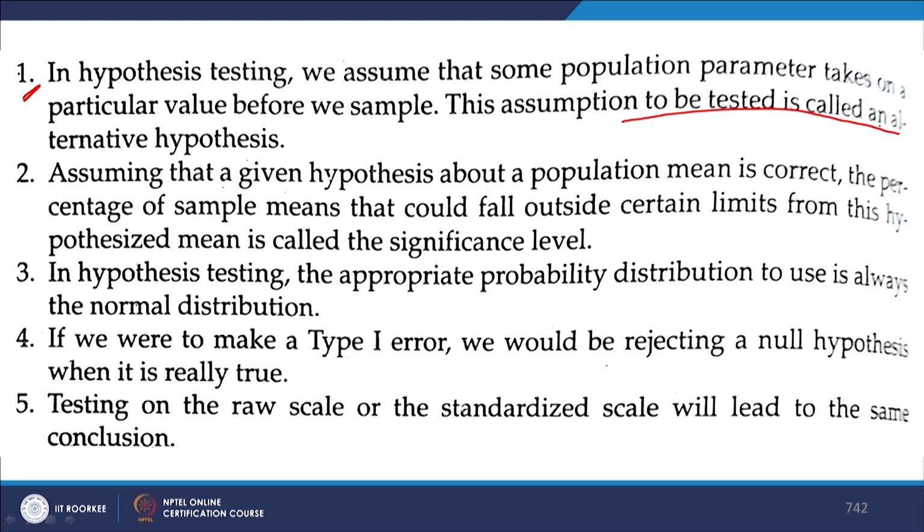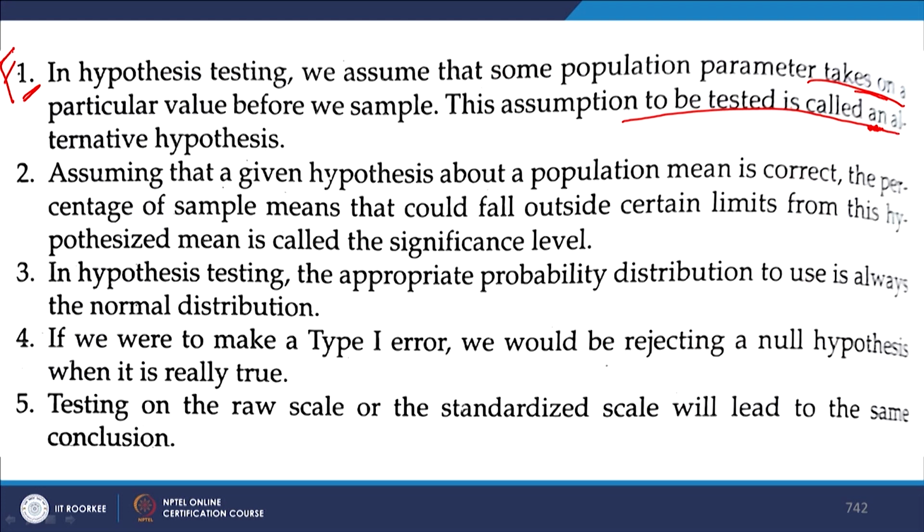We assume that some population parameter takes on a particular value before we sample. So, this assumption to be tested is called the null hypothesis, not the alternative hypothesis. So, this statement is false.